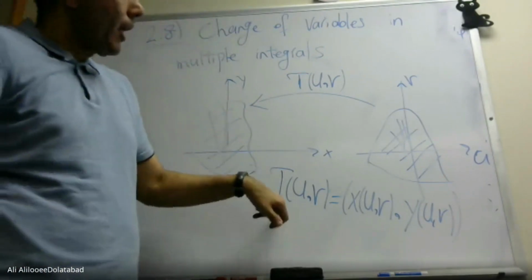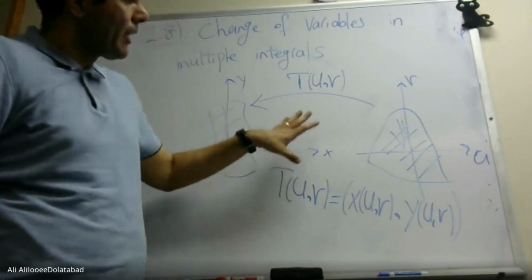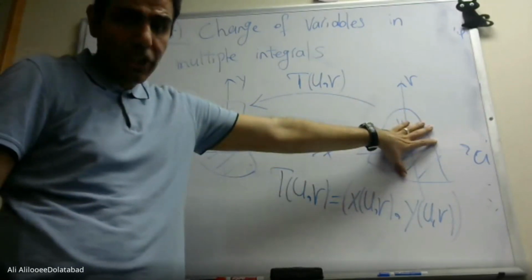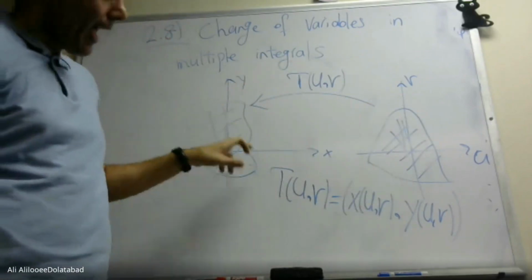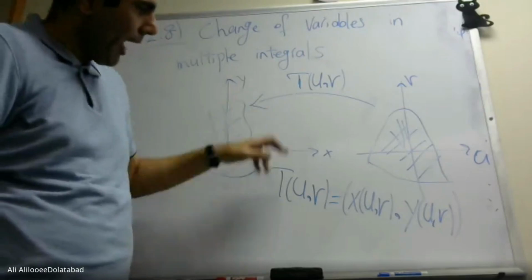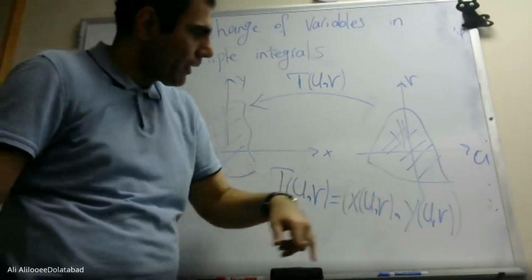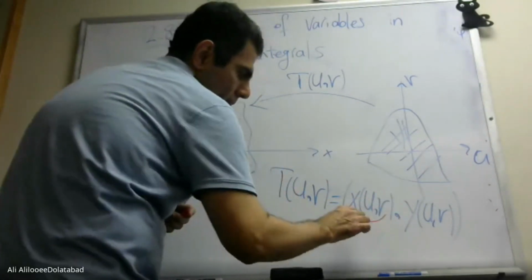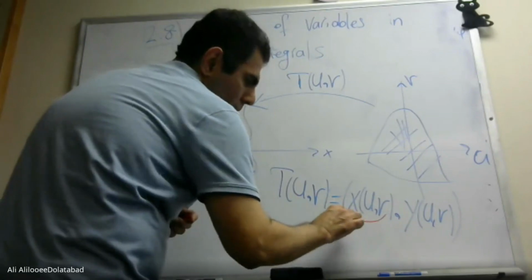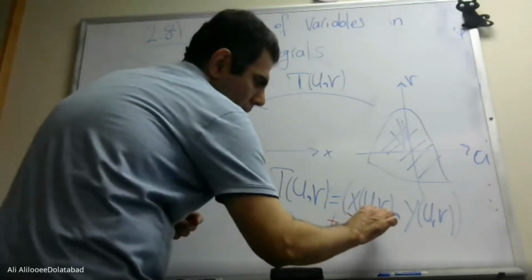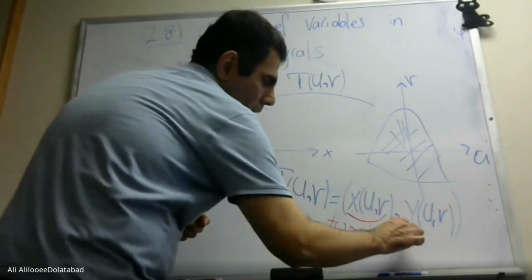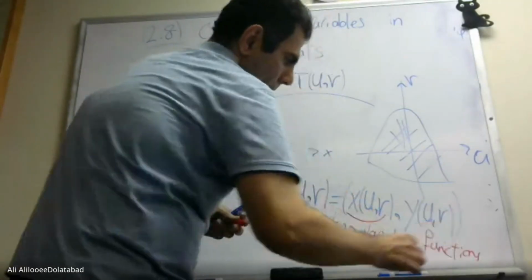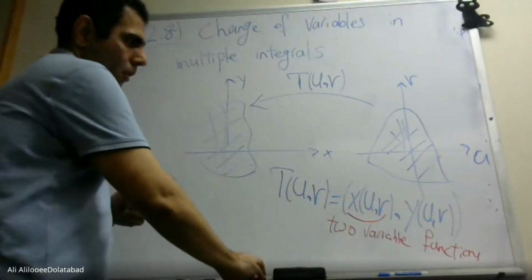But see, for us, T is a transformation. By using this transformation, we can transform one region to another region. And usually we write this T as x of uv, y of uv, and here these are two variable functions.